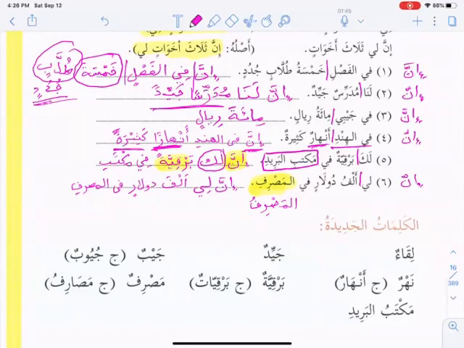Inna li, fine, li jar majrur, shibu jumla khabar. Jar majrur, shibu jumla khabar inna. This goes to khabar inna. Alfu. Do you see now? Now the effect of inna comes on alfu.